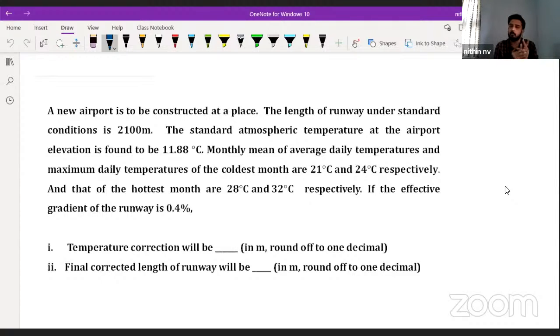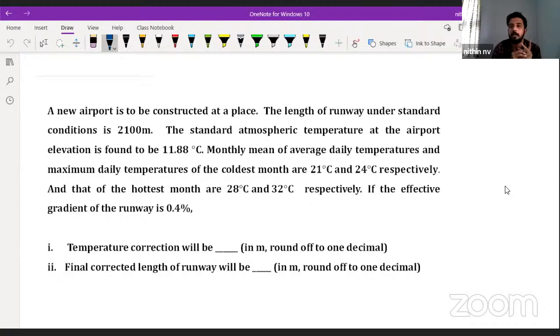Then what we require is the ART, atmospheric reference temperature. And then we require the gradient. Sometimes if the gradient is not given, we assume the gradient is 0, meaning it is flat ground. Sometimes they will not give the ART.